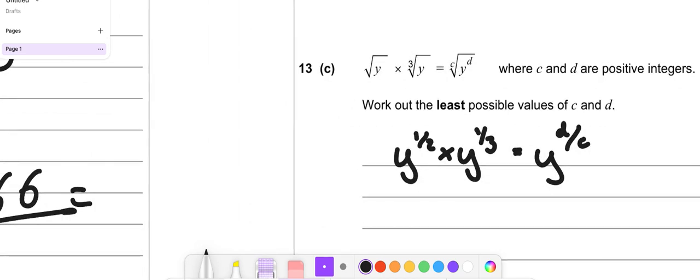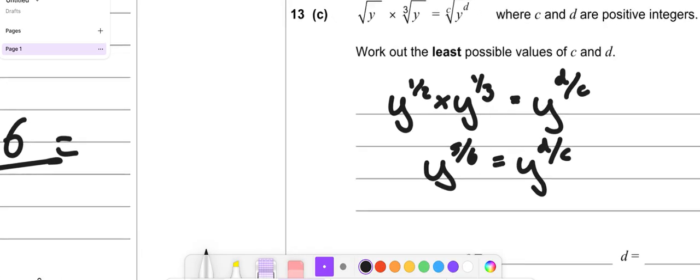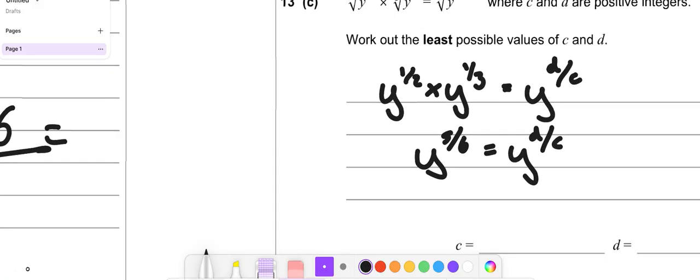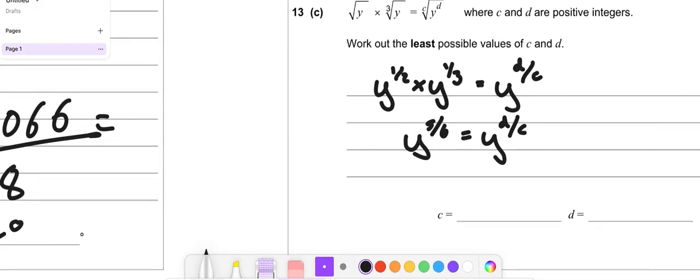So add those together, we've got a half plus a third. So that's 3/6, that's 4/6, 5/6. So y to the power 5/6 equals y to the d over c. Well, 5/6 is the smallest fraction, so the smallest values of these, c is 6 and d is 5.